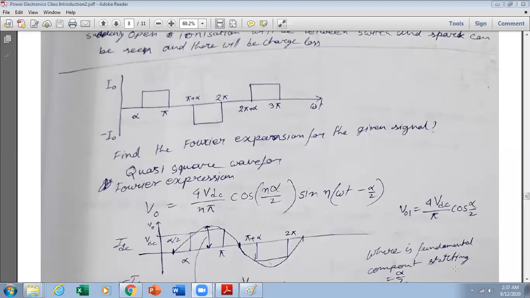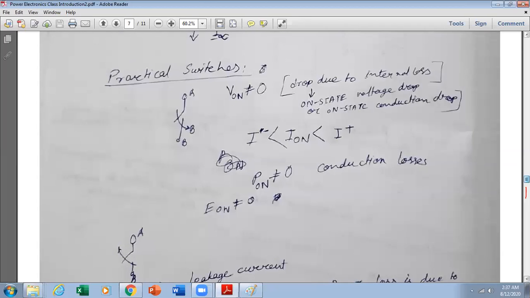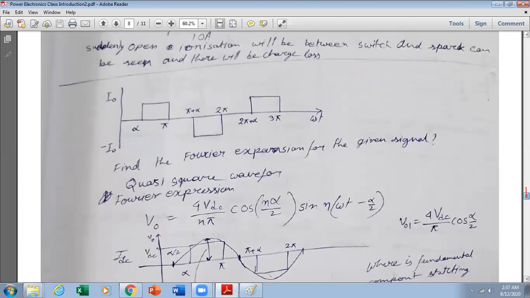You can see in this picture, if I draw a waveform that will pass through, the fundamental waveform should come from alpha by 2. So what will happen, yes, this way.